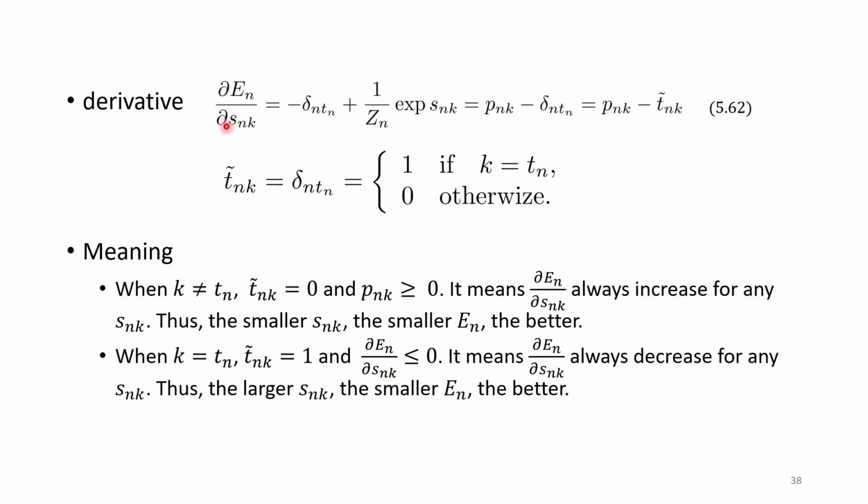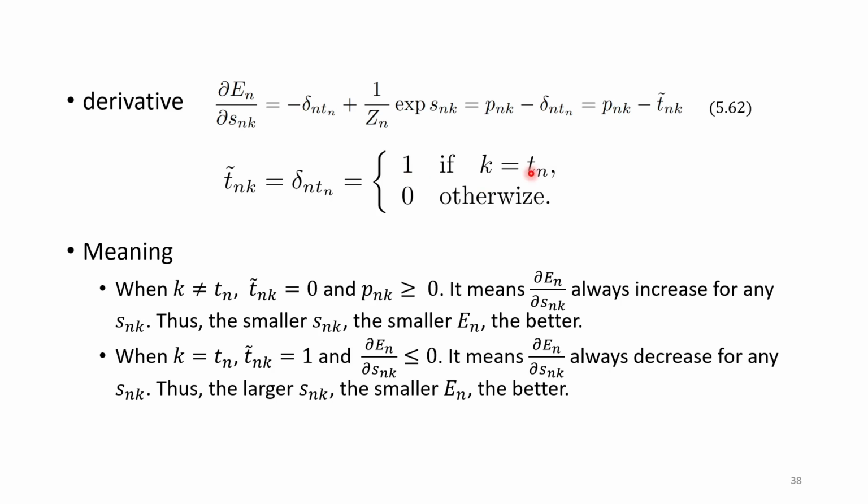Therefore, we can calculate the derivative of En with respect to Snk, and express it in this term. Pnk is the probability, and t-tilde nk is just an indicator, whether it is 1 or 0.